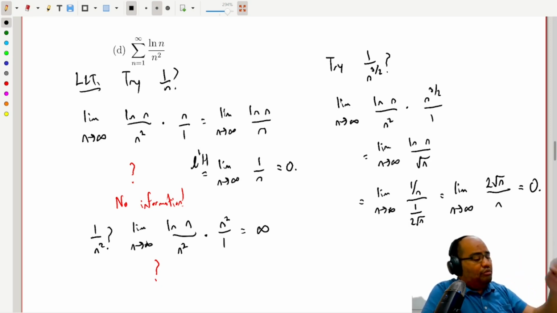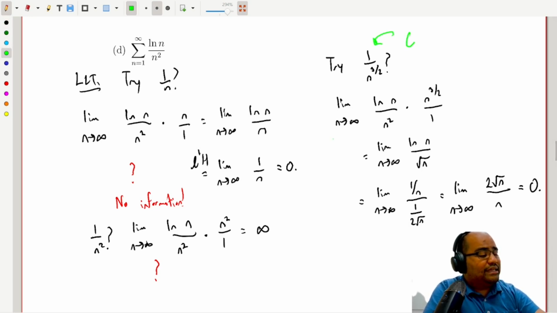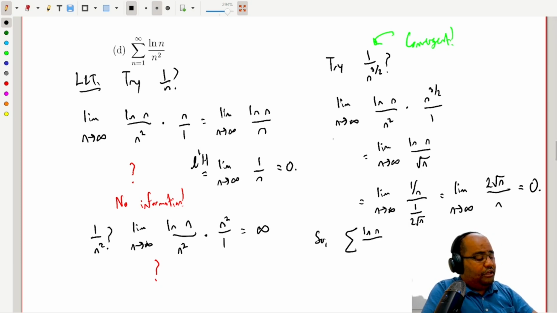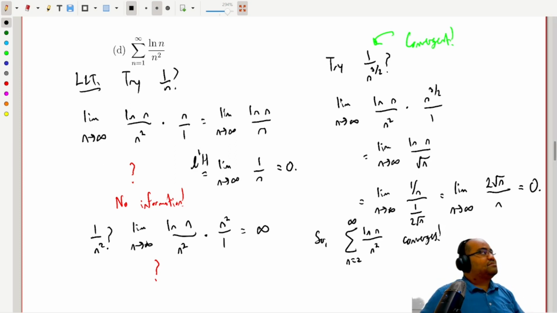But I know that this reference series is convergent. So, by the limit comparison test, our mystery series, the sum of log of n over n squared, summing from n equals 2 to infinity, or 1 rather, it doesn't really matter, converges.